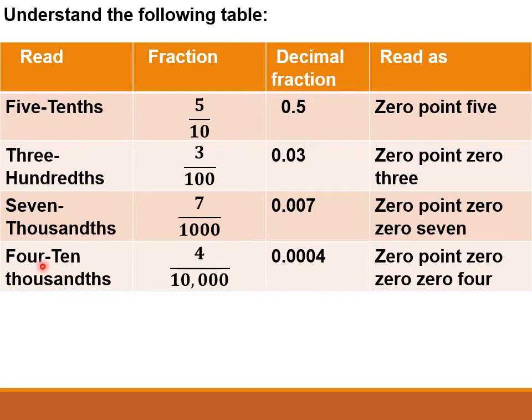Now next one is 4 ten-thousandths. So 4 upon 10,000. In decimal fraction we will write 0.0004. 10,000 is having how many zeros? 4 zeros. So after the decimal point we will write 4 digits. So 0.0004.